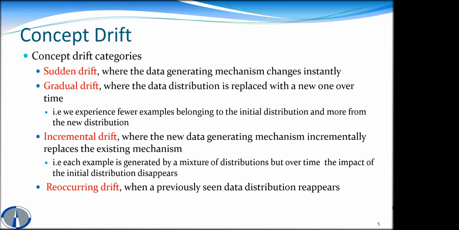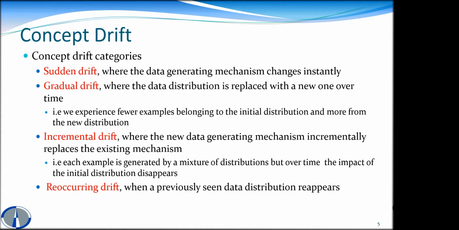Then the initial distribution is eliminated. Then we have the incremental drift, where the new data generating mechanism incrementally replaces the old mechanism. Here, each instance is generated by a mixture of the initial and the final distribution, but over time the impact of the initial distribution disappears.